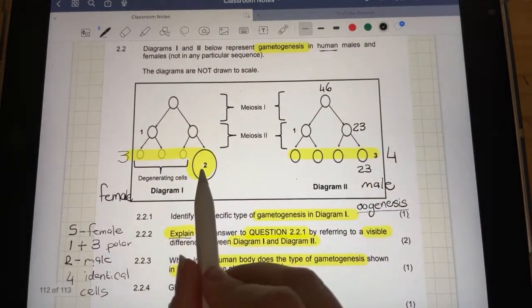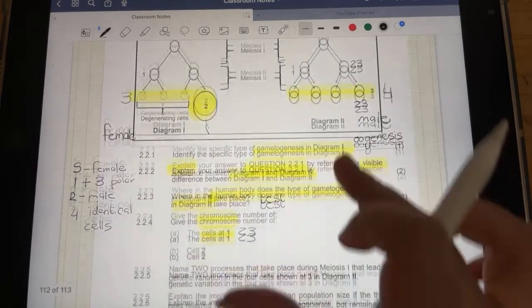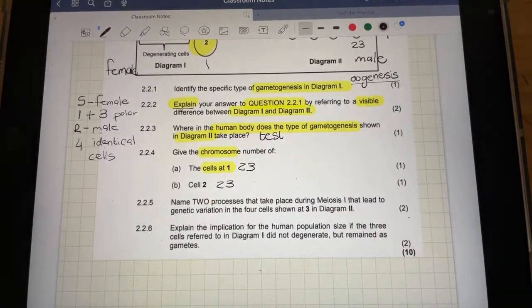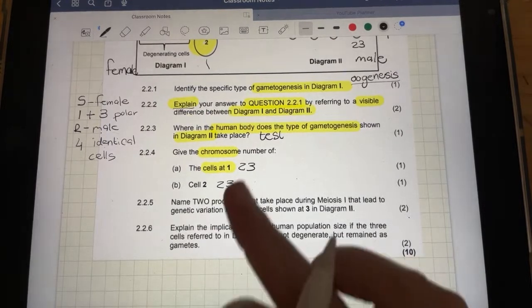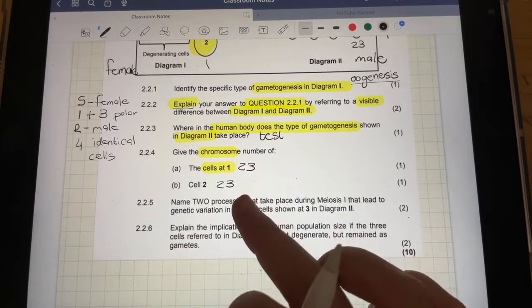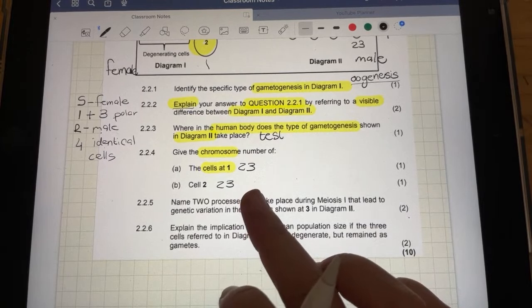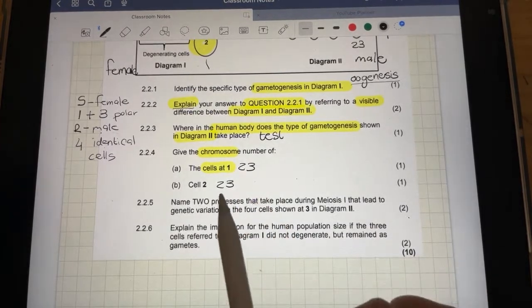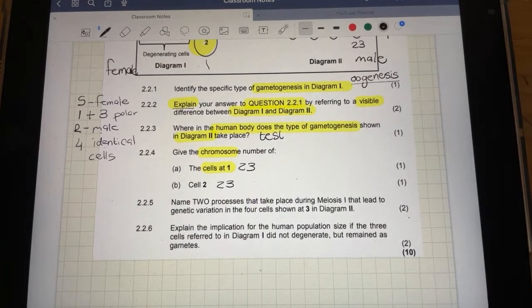If we go to cell 2, cell 2 is also 23 chromosomes. Now, I just want to warn you, especially if there are some people in the chat that are rewriting their exams, you can have 2 answers that follow on one another like this. In other words, don't be afraid that they've asked the same thing twice here, like you've written the same answer twice.